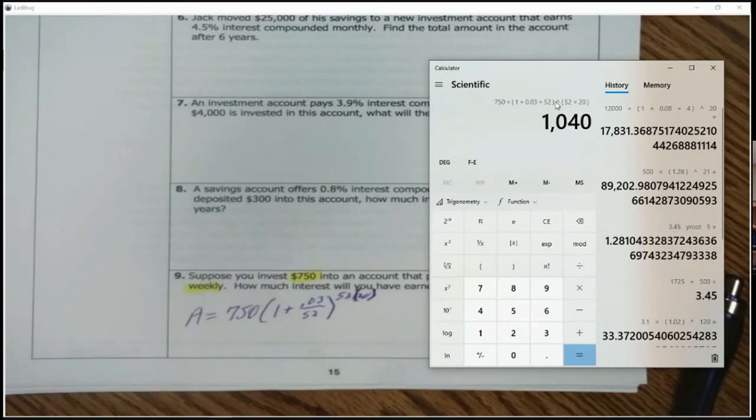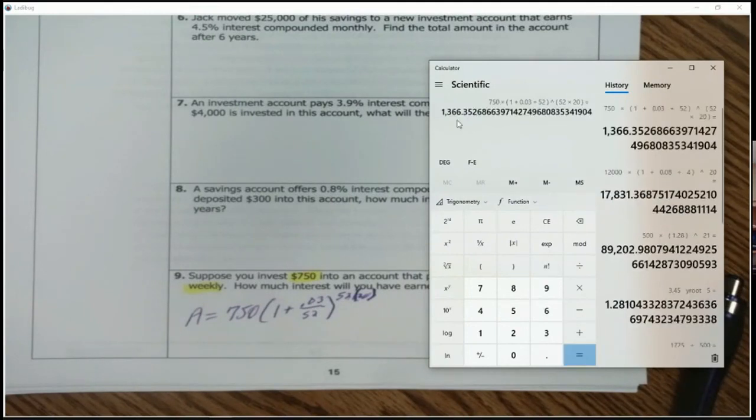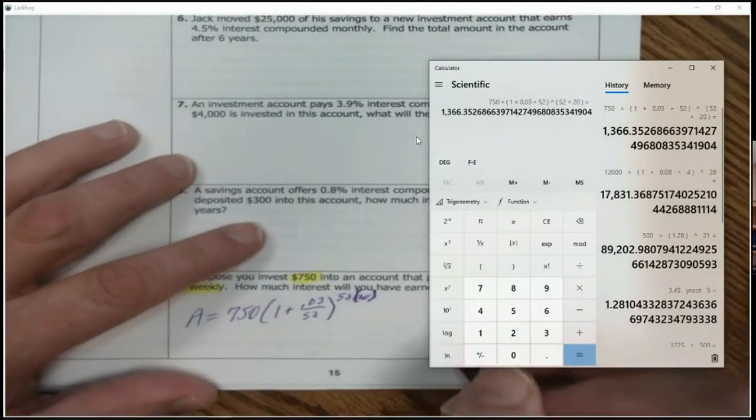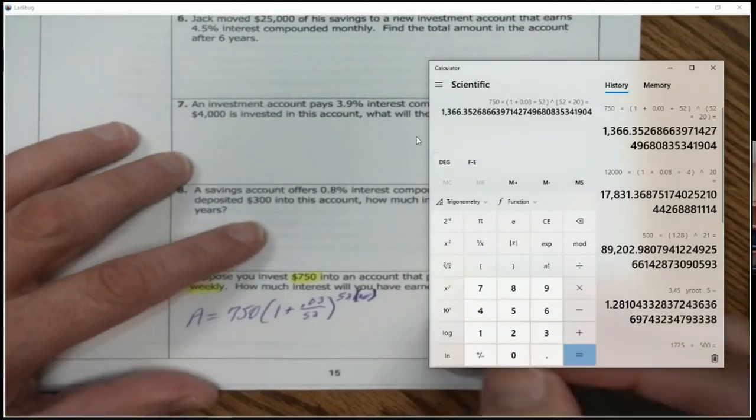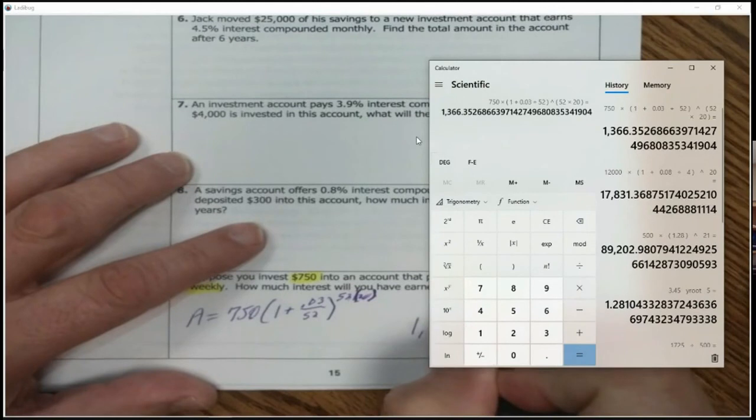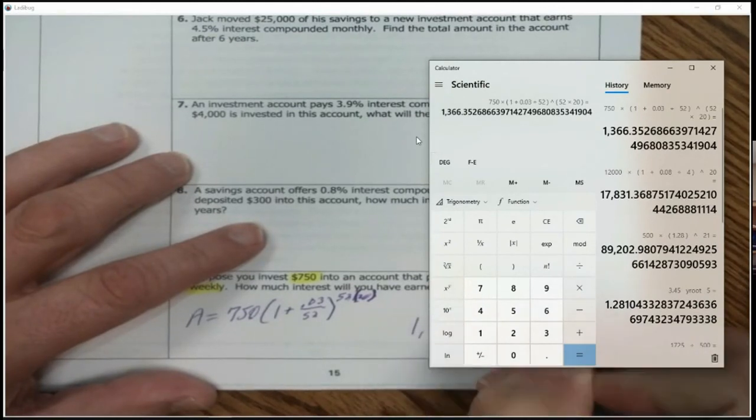So we look it up here at the top of this calculator. It's got 750 times 1 plus 0.03 divided by 52 raised to the power of 52 times 20, which is 1,040. And our $750 turns into $1,366. It's almost doubled at 3% interest. $1,366 and 35 cents.